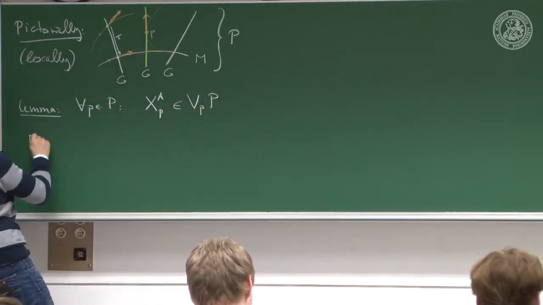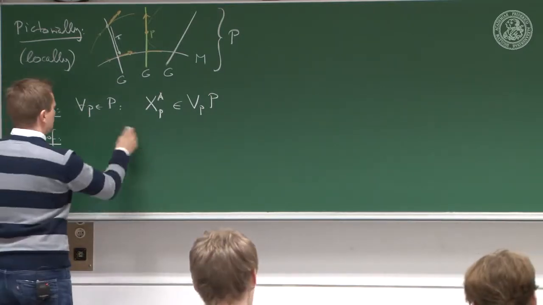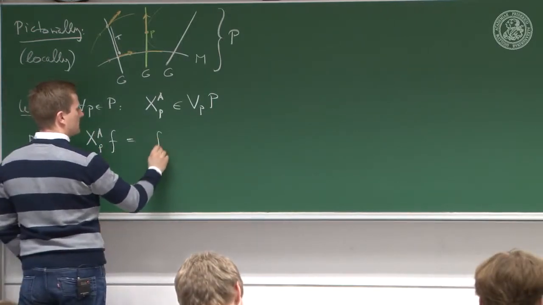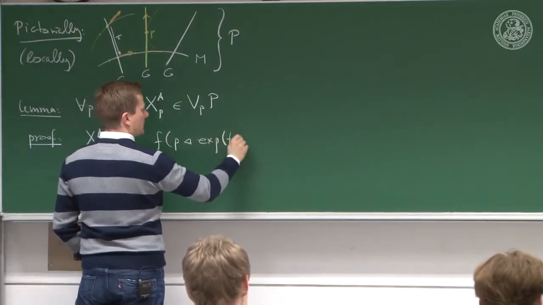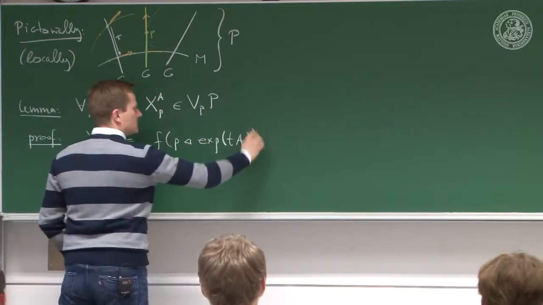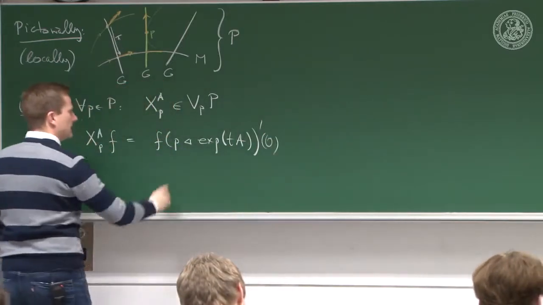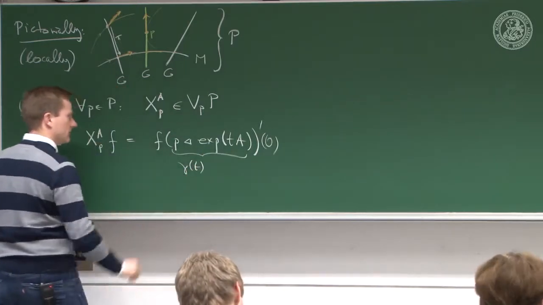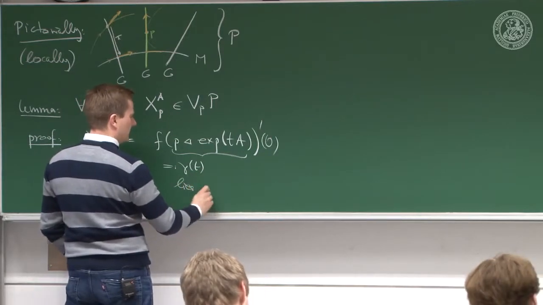Well, the proof is absolutely immediate. We saw that X_A was that vector field generated by pushing forward this point p by this one parameter subgroup and evaluating here. And it's clear that this curve, this is a curve gamma of t, lies entirely within a fiber.